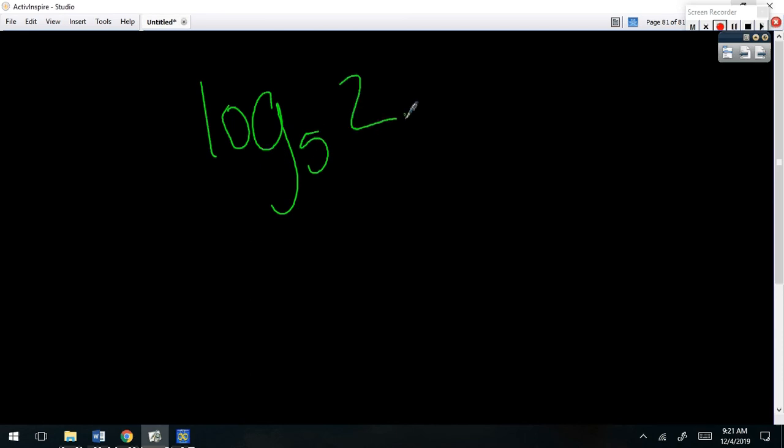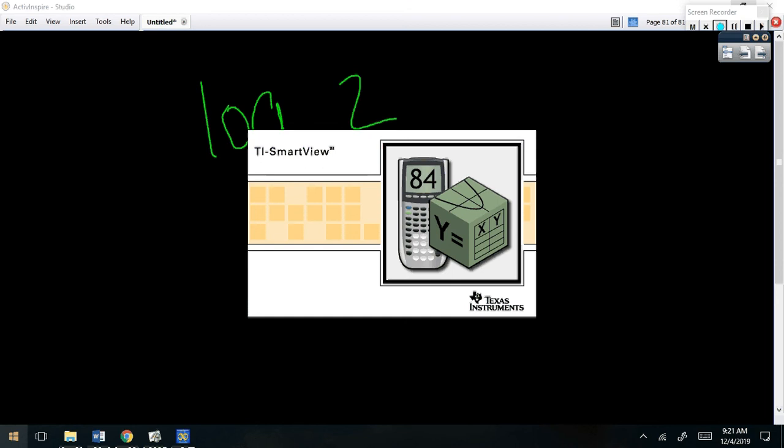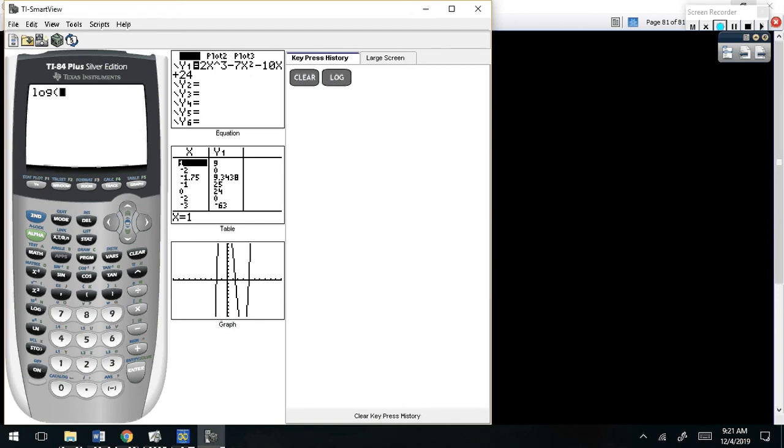All right, use your calculator to find this. 5 raised to what power gives you 2? So when you put it in your calculator, you're going to have to do log of, which one comes first?